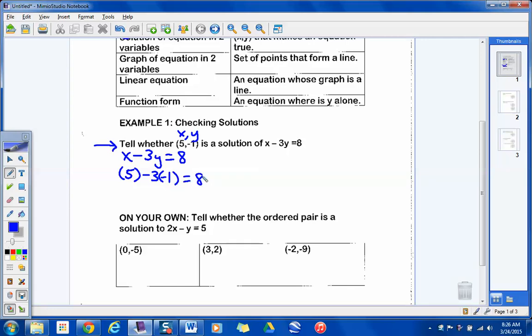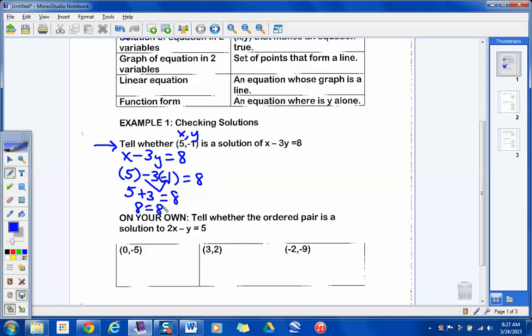So help me out here. Here we got a 5. Guys, right here, the -3 and the -1, I can multiply a negative and a negative together, couldn't I? What's a negative times a negative going to get me? Positive. So this -3 times -1 would really become plus 3, wouldn't it? Guys, what's 5 plus 3 add up to on the left side here? 8, right? So here we get 8 is equal to 8.